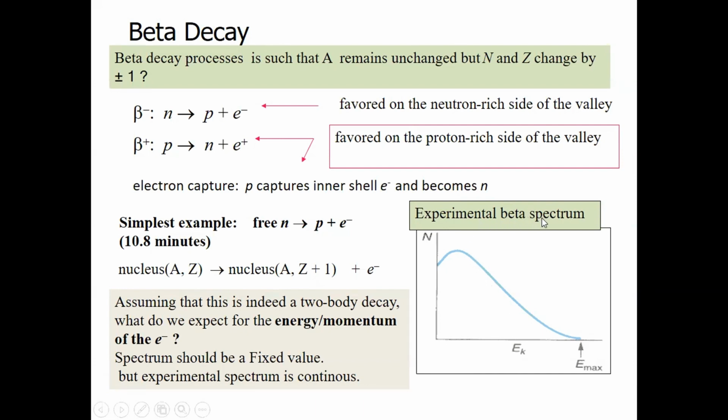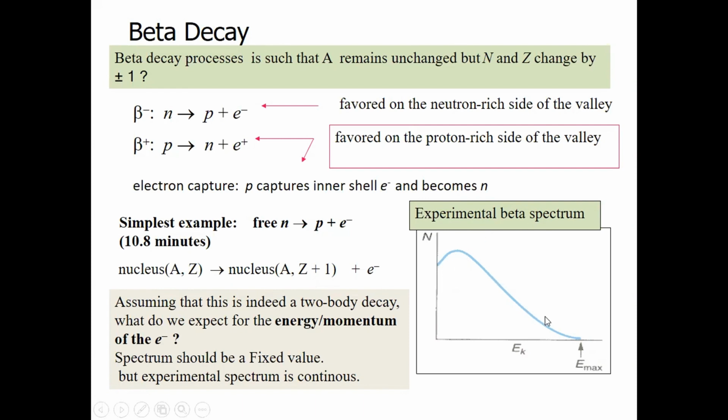So experimental beta decay spectrum is like this. It is not with one energy. It has all possible energies up till E maximum, which is called endpoint energy. All types of energies can get emitted in a beta decay.